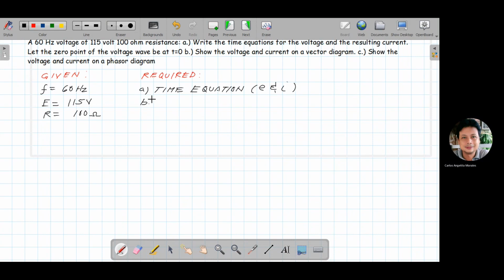Letter B, ano pa yung kailangan? Letter B, show the voltage, show E and I on a vector diagram.